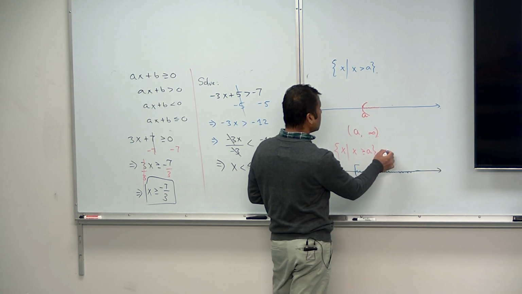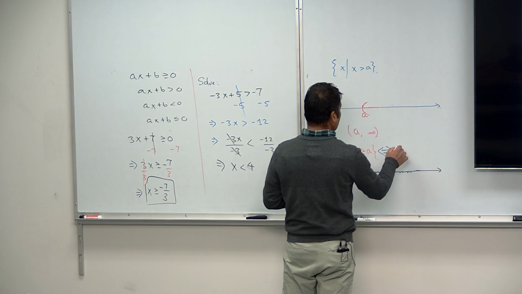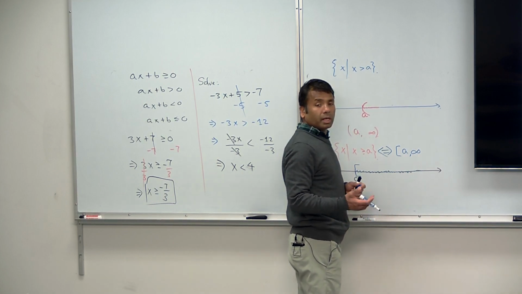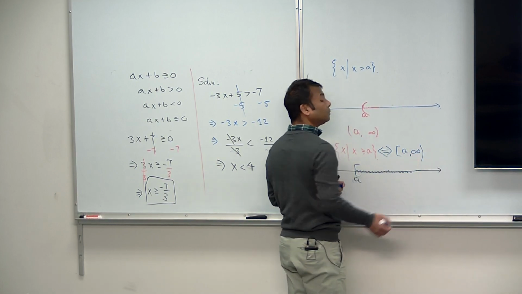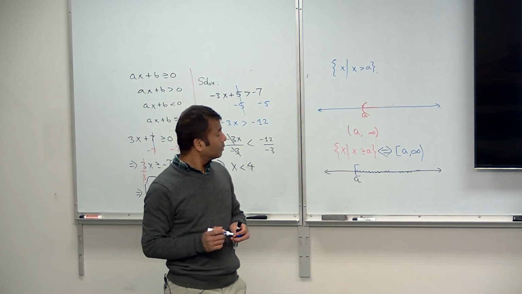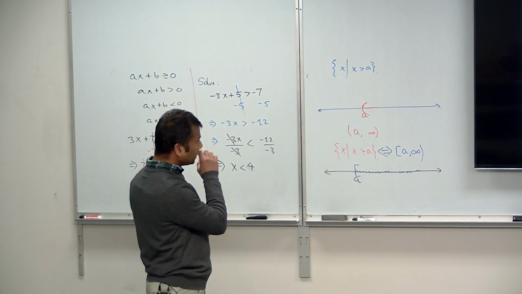And the interval notation for this is you put a bracket, a, comma, and you have infinity. When you close with infinity, use parentheses. Okay? Does that make sense?